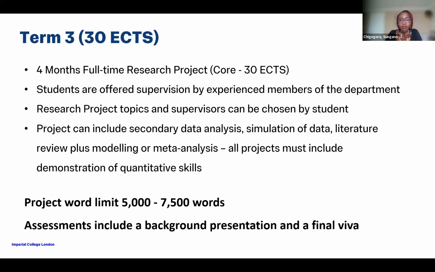You don't have to identify a supervisor yourself in the first instance, but should work out if there is a group that could potentially supervise. We will support you in identifying a supervisor for that project. And as mentioned, you can have at least one external supervisor as well. So as long as one of your supervisors is from SPH, you can have externals, as many as you wish.